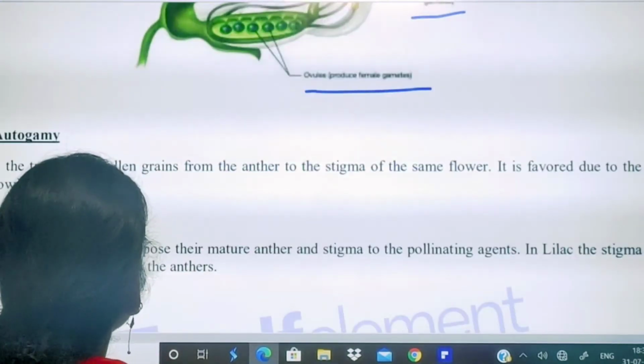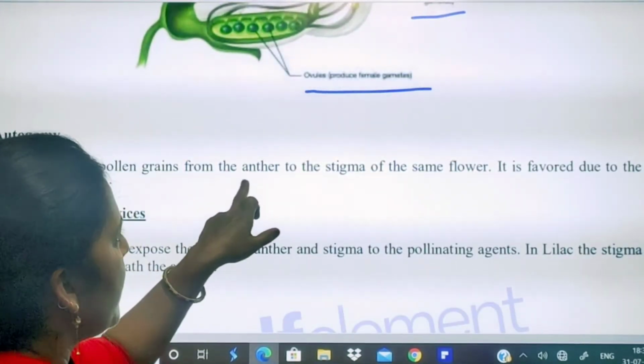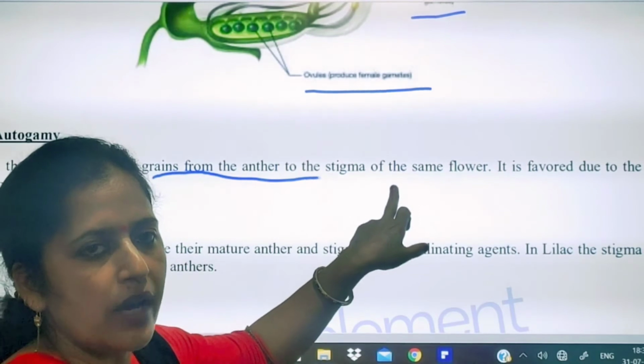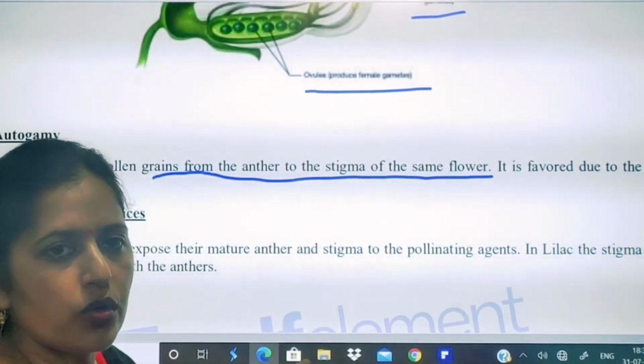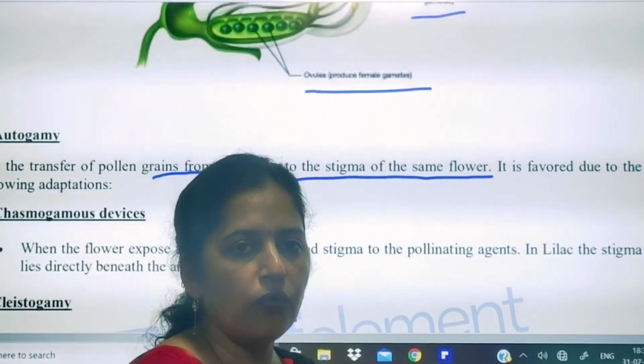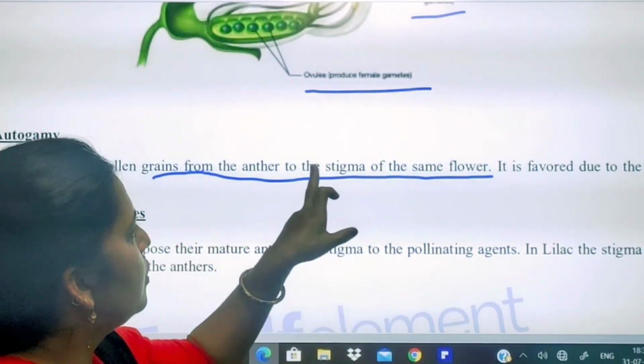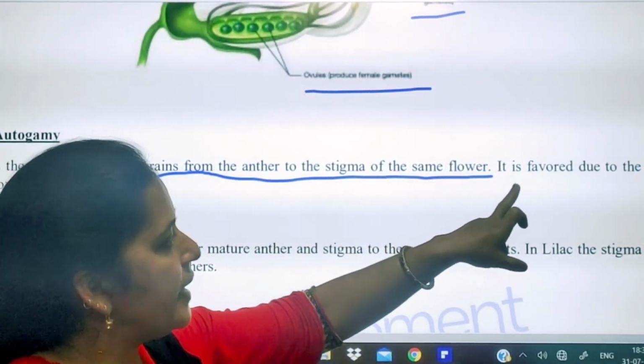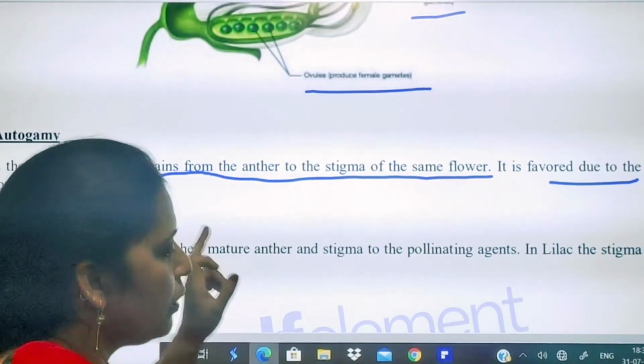So what do you mean by autogamy? It is the transfer of pollen grains from anther to the stigma of the same flower, and it is favored due to the following adaptations.